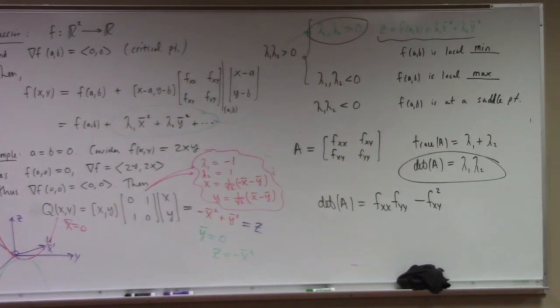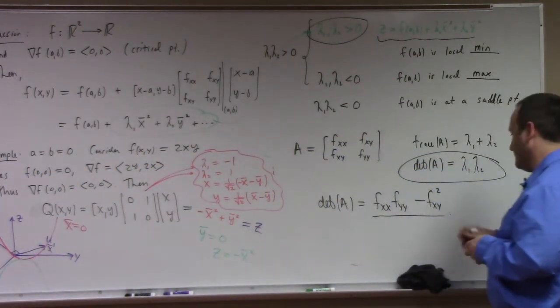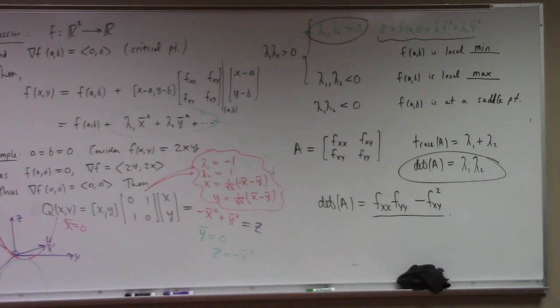You're looking at eigencoordinates for the Hessian, and the determinant tells you the product of the eigenvalues. I personally think that's neat. Does that make sense? If it's positive, we're in the min-max case. If it's negative, we're in the saddle case. So positive at the critical point gives us a min or max, and negative gives us a saddle.